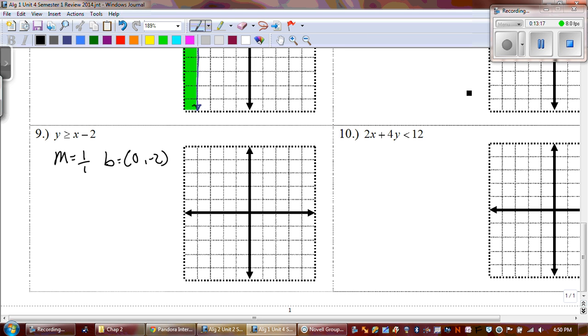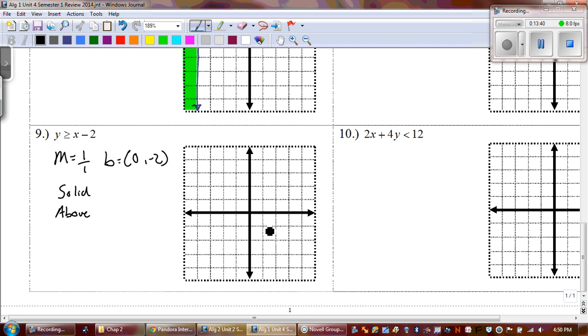Now is it going to be solid or dashed? Well, that line below means it's going to be solid. And are we going to shade above or below? Once again, we're looking at the symbol. It's greater than, so that means we're going to shade above.